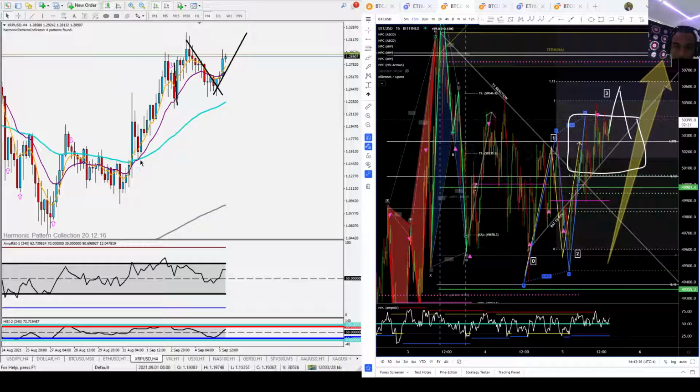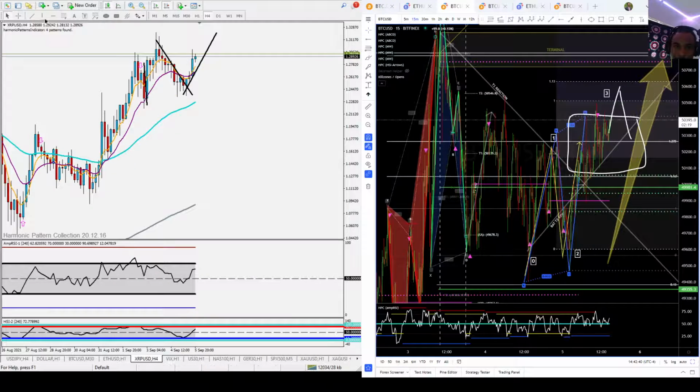So after this shift here, notice this shift here. Structure got broken here. Price came back and retraced here, after price loaded here and made its house here.